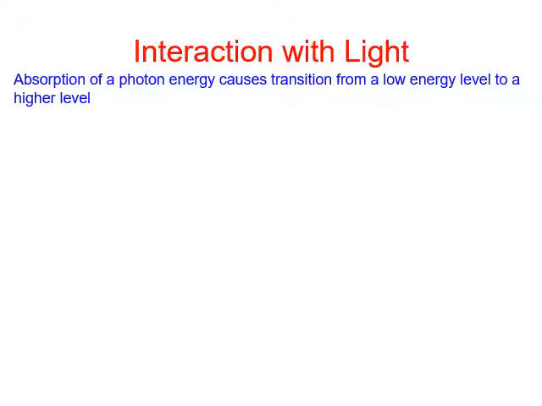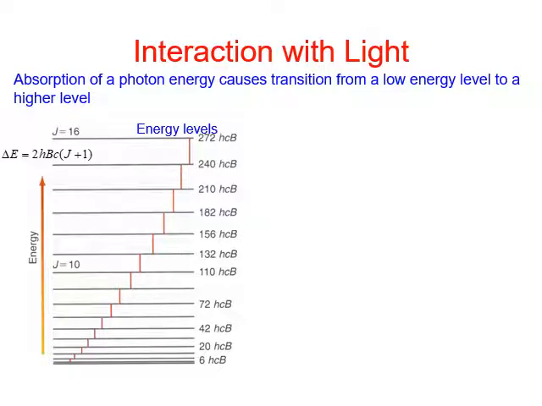We just showed that for a rigid rotor, the allowed energy levels are not equally spaced. The separation between two adjacent energy levels is calculated by 2hBc times J plus 1. B is a rotational constant. In order to calculate the frequency of light, we let this equal h times the frequency of light that will be absorbed.